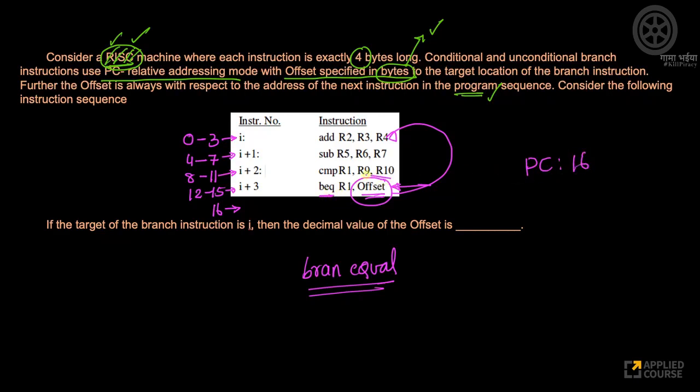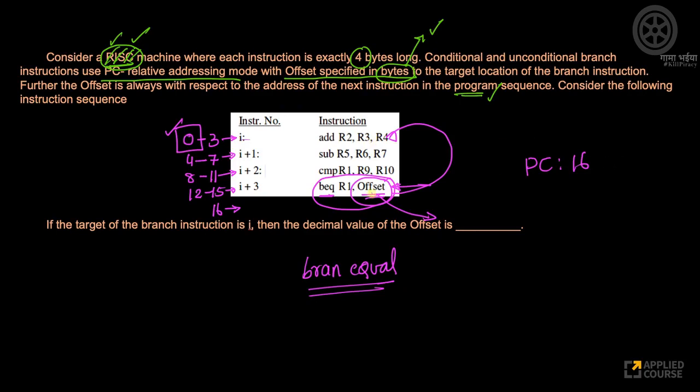Now, what do you want? You want to branch from here back to here. This instruction is starting from address location 0. So if this condition is satisfied, you want to jump here. The question is, what is the value of this offset field? If your PC is 16, which address location do you want to jump to? You want to jump to address location 0, because that's where this instruction starts.